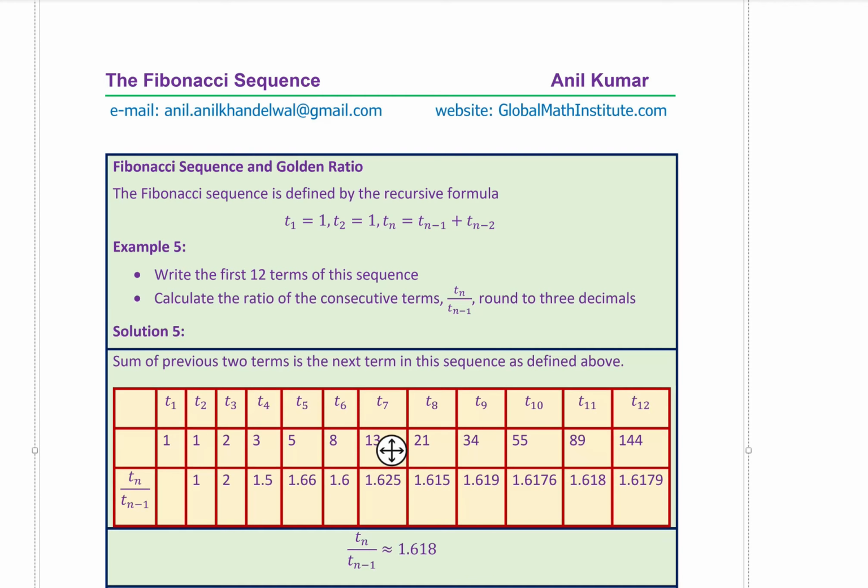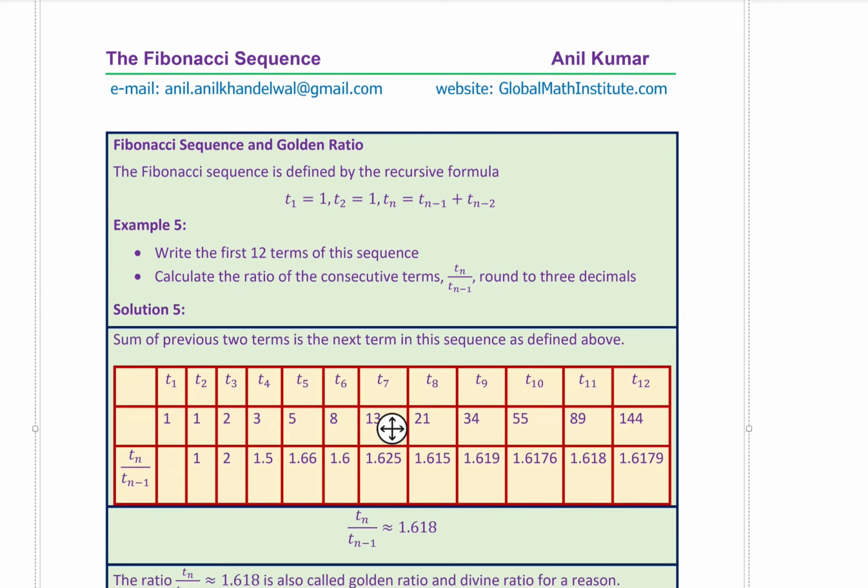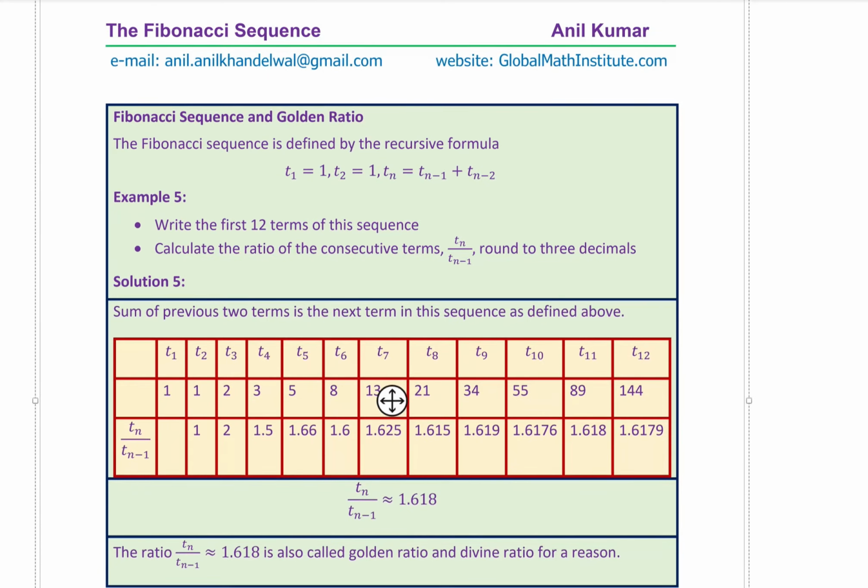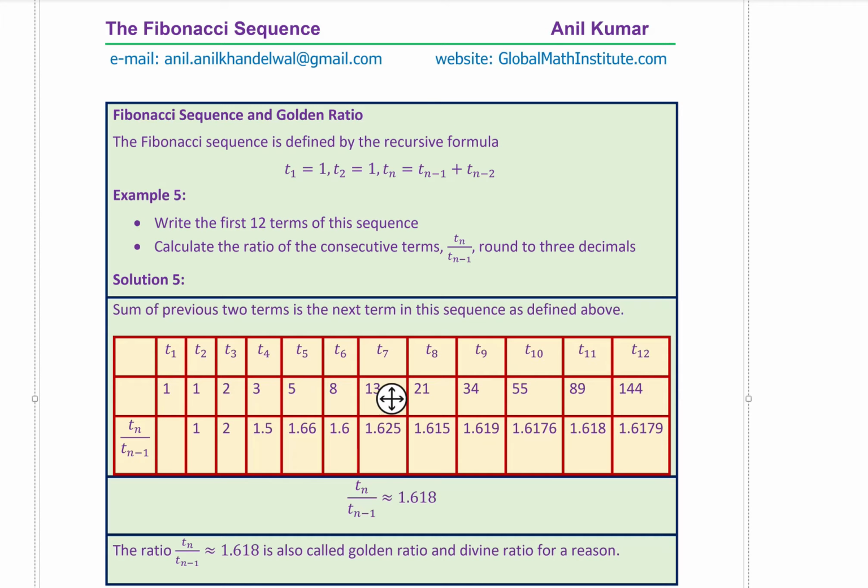Now, another very important aspect of the Fibonacci sequence is the aesthetic sense. These numbers actually relate to the golden rule and golden ratio. Let us see how. So here is a question which will make you go through that. The Fibonacci sequence is defined by the recursive formula as we have seen earlier, starting with 1 and 1, add the previous two terms to get the next term.